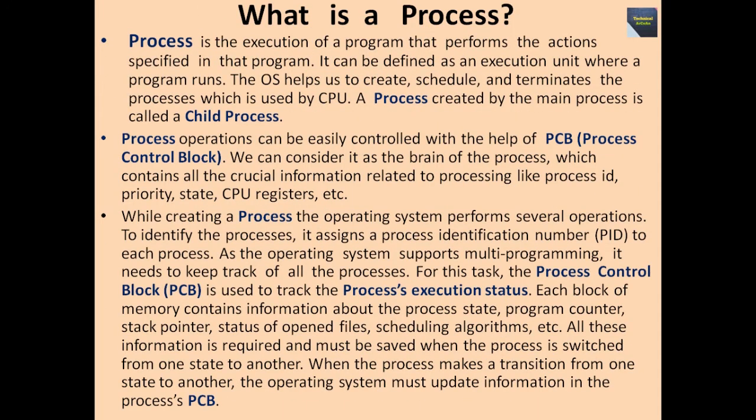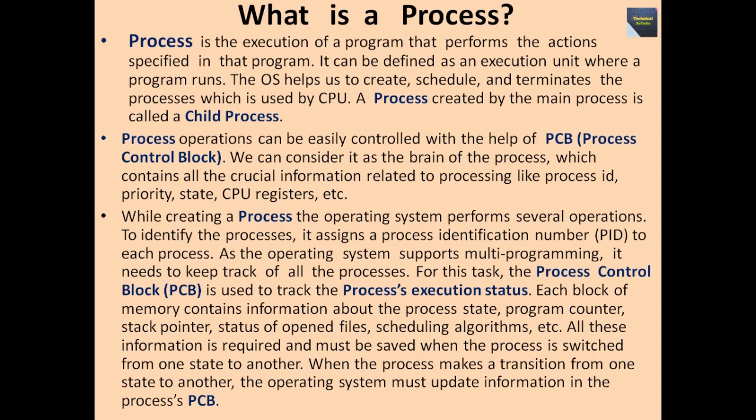Now we talk about what is a process. A process is the execution of a program that performs the actions specified in that program. It can be identified as an execution unit where a program runs. The OS helps us to create, schedule and terminate the processes which are used by the CPU.